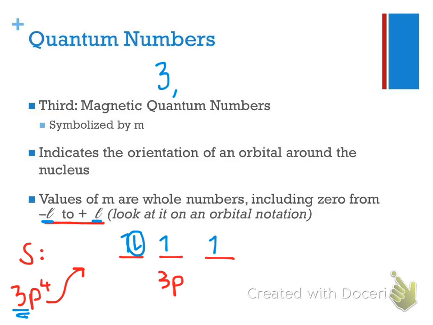The p orbital tells us L. What number goes with the p orbital shape? 1, since it goes s, p, d, f. So L is 1. That means M can range from negative 1, 0, to 1, and these numbers fit right here.